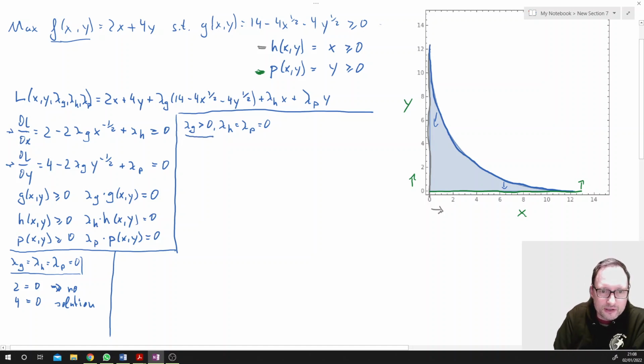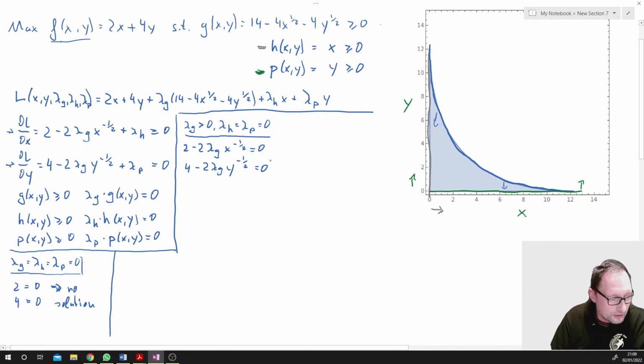So if we do this, what happens to our equations? The lambda g term survives, so we get 2 minus 2 lambda g x to the negative half is equal to 0, and 4 minus 2 lambda g y to the negative half is equal to 0.